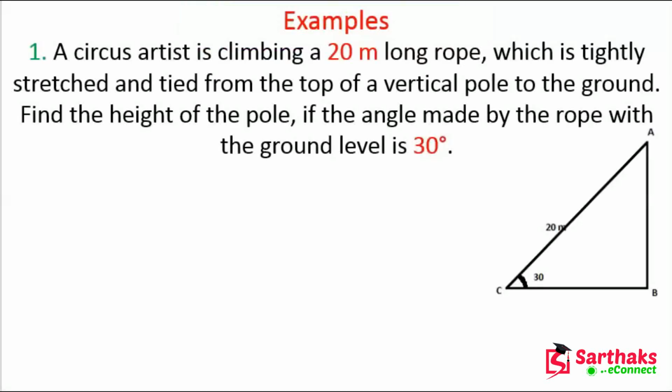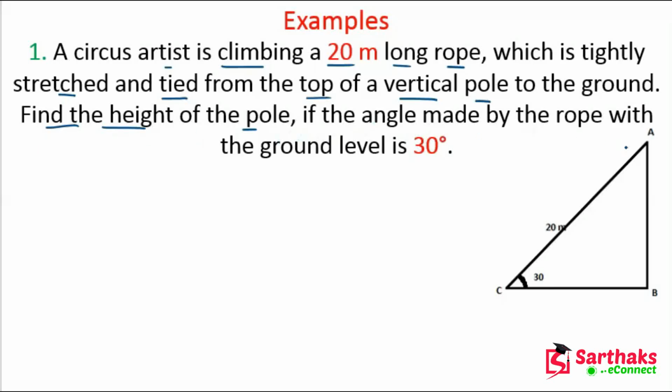So question number 1 is, a circus artist is climbing a 20-meter long rope, which is tightly stretched and tied from the top of a vertical pole to the ground. Now, find the height of the pole if the angle made by the rope with the ground level is 30 degrees.